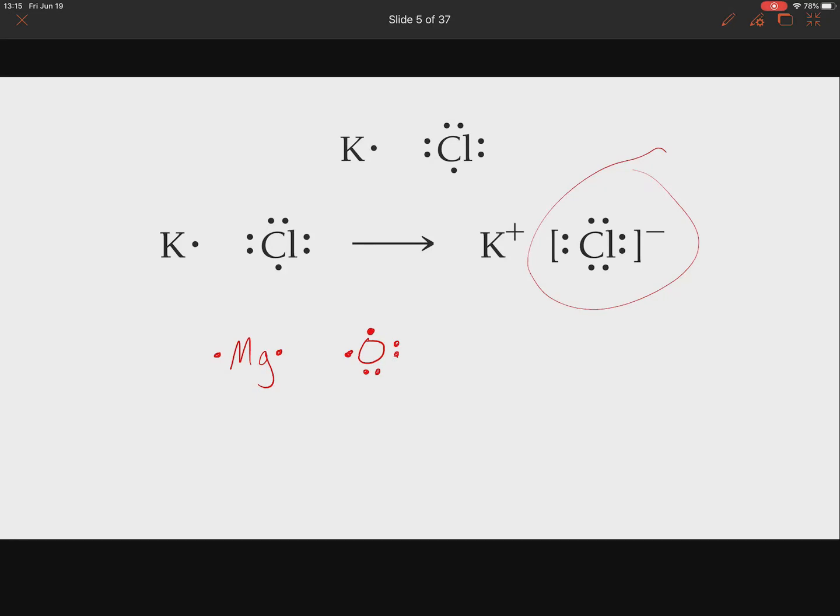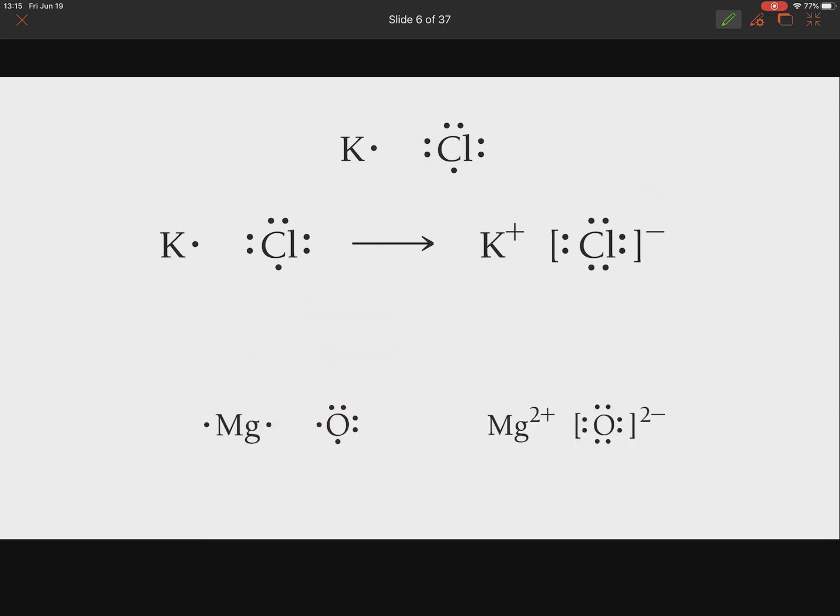Now I drew them like this so that I could draw my arrows really nicely. So what I'm going to do is move an arrow to show that one of these electrons is going to make its way over to oxygen, and that the other is also going to make its way over to oxygen.